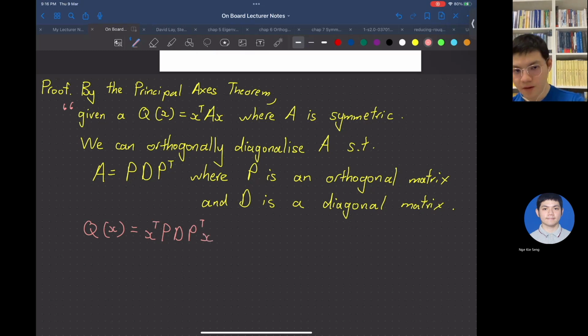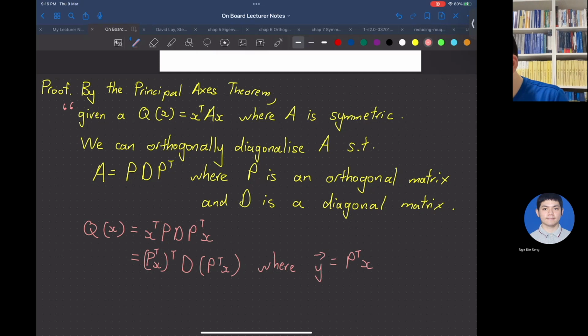Okay. So we can make a change of variable such that (P transpose X) transpose multiplied by D inside and P transpose X. So this is where Y equals P transpose X is the change of variable.